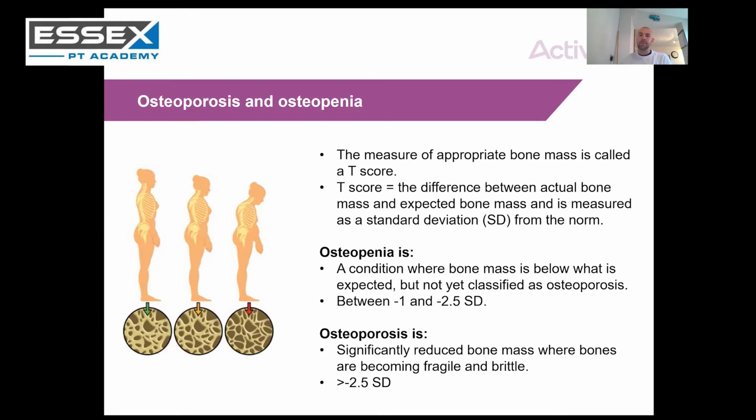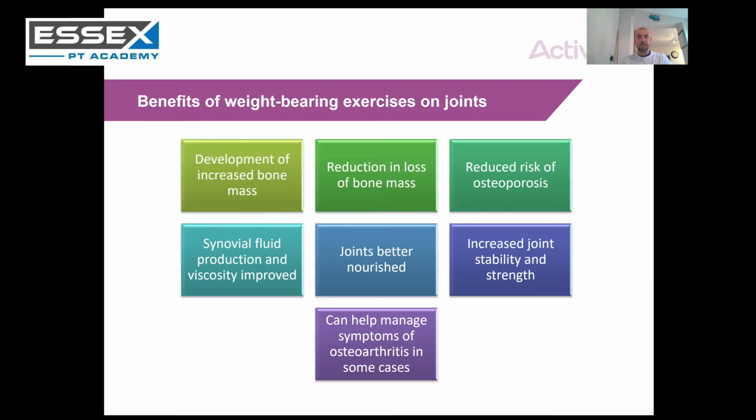And then osteoporosis is significantly reduced bone mass, where bones are becoming fragile and brittle. This is obviously where someone's at major risk, which is -2.5 standard deviations or below. So those are the specific terms. You may need to have an idea of those numbers in your head and the difference between them for your exam, and it's worth committing those to memory.